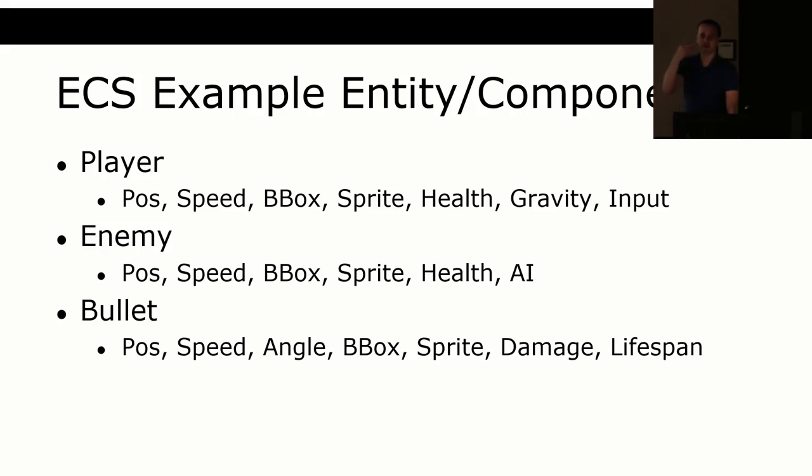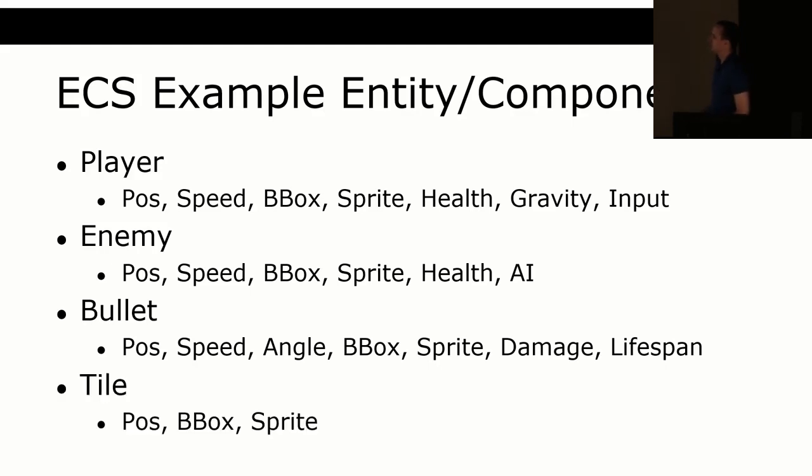So in our collision system, we would say, if these two things have collided, do their damage component worth of health to each other, right? Also, we're going to have a lifespan system. If I attach a lifespan of 2 seconds to this thing, once it's been created, our lifespan system will automatically destroy it once 2 seconds has passed. So these are really easy ways to attach behaviors to entities using components. But a tile might be really simple. It might just have a position, a bounding box, and a sprite.